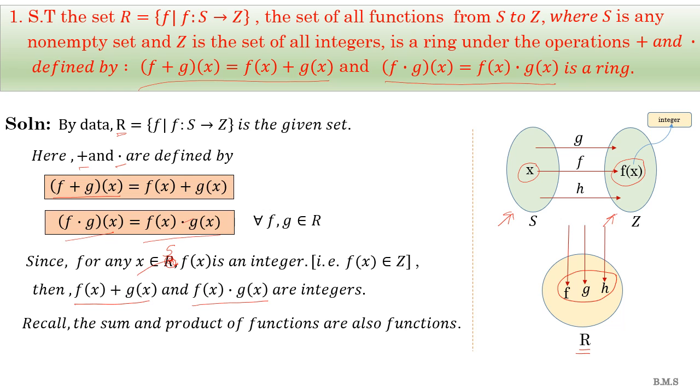So from this, what do you conclude? You have two elements f and g in R. f plus g is again in R, and f dot g is again in R. Therefore, R is closed under the operation plus. So the closure law is true under plus, and also under dot. So we have verified the closure law with respect to both operations, plus and dot. This is the first thing we need to do to claim the properties of rings.